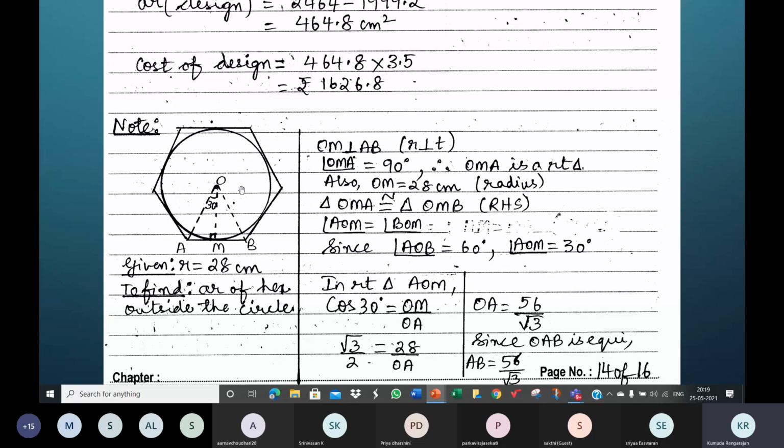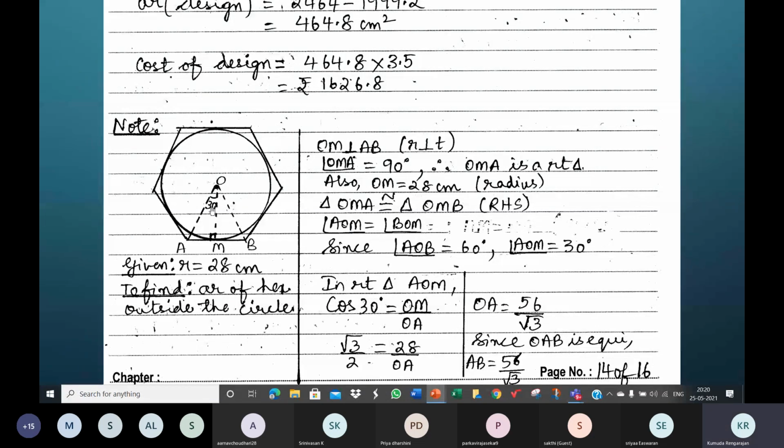And here you're given, I'm just reading out from here, in this figure, this is the next one. Actually, it's not another question. I've just given a note here: in case the circle is inscribed in the regular hexagon, then how do we handle it?